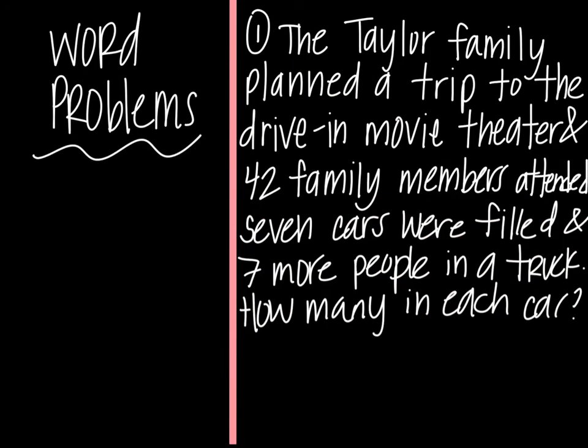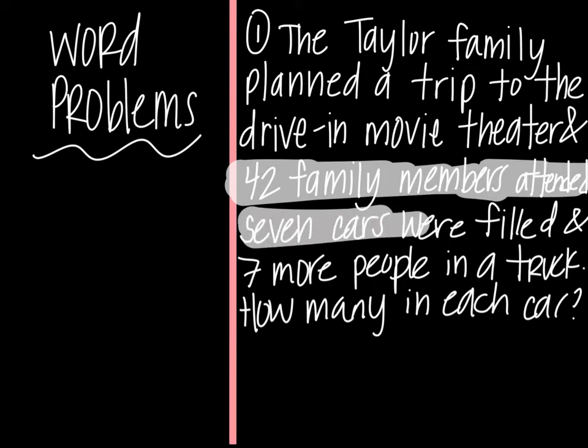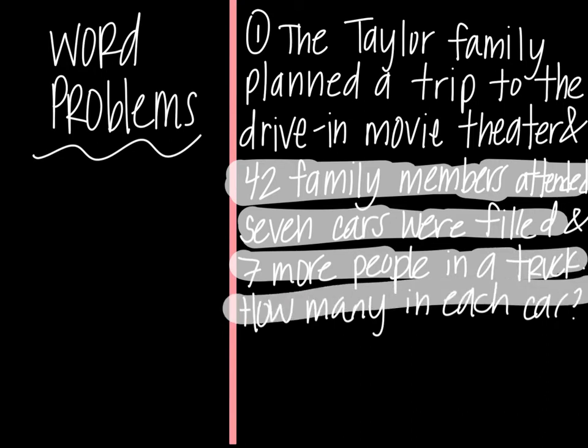Alright, word problems. The Taylor family planned a trip to the drive-in movie theater and 42 family members attended. 7 cars were filled and 7 more people in the truck. How many in each car? Alright, so I'm going to do some of my work on the left. P is what we're solving for, people.